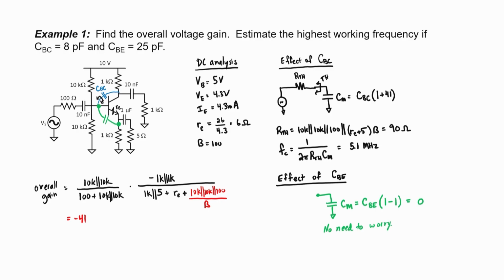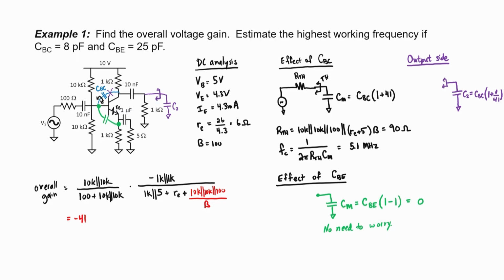Now, how about on the output side of the circuit? We've already determined the effect of the base collector capacitance on the input side, but how about the output side? The CBC capacitor here, I can kind of slide it over to here and connect it to ground, delete it from the circuit, and call it C2. C2 is our base collector capacitance, and it gets scaled by 1 plus 1 divided by our gain, which is 41.